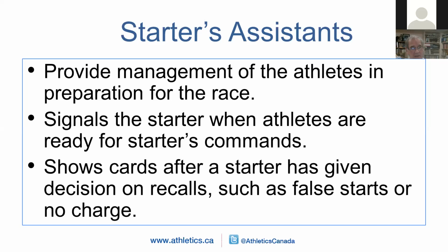Whenever there is a stand-up or a false start or any kind of recall, a card does need to be shown. Those that have worked with me know that if there isn't a card and I've said stand up, chances are I'll say something like green card please, just so that all the athletes will see.